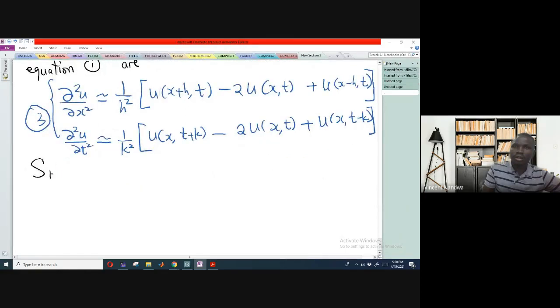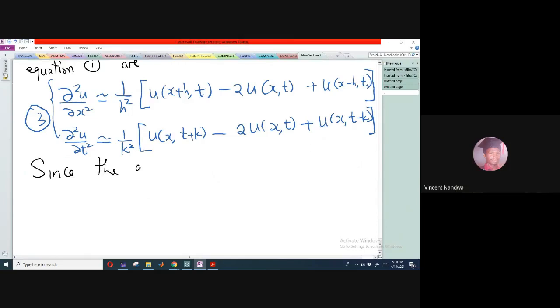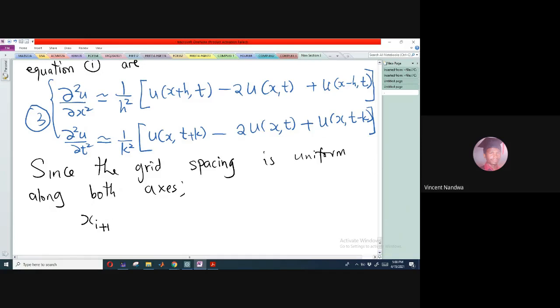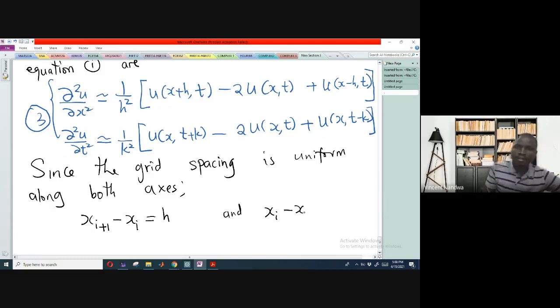So since the grid spacing is uniform along both axes, then it means that x sub i plus 1 minus x sub i should give us h, and x sub i minus x sub i minus 1 equals the same h.